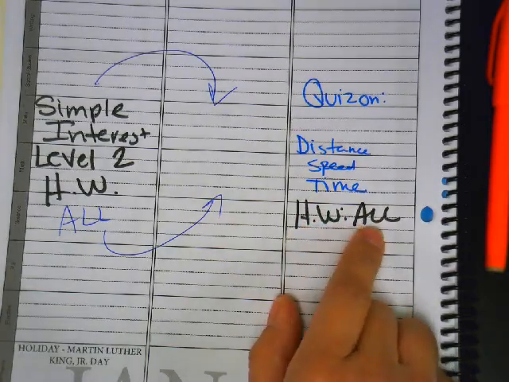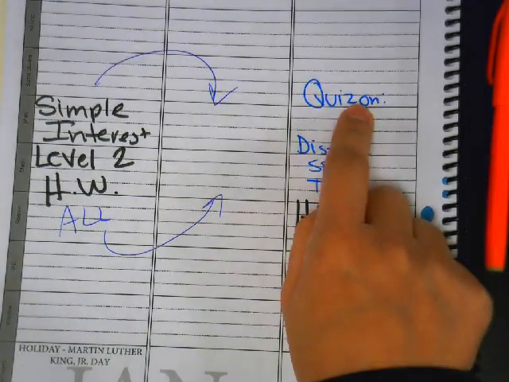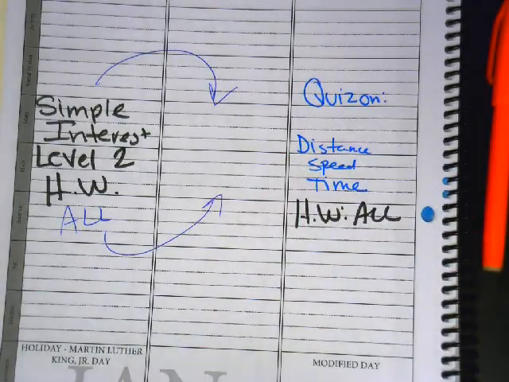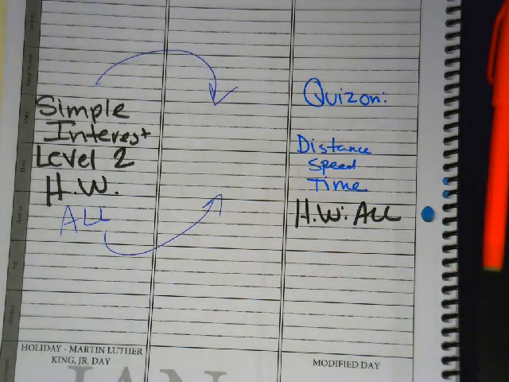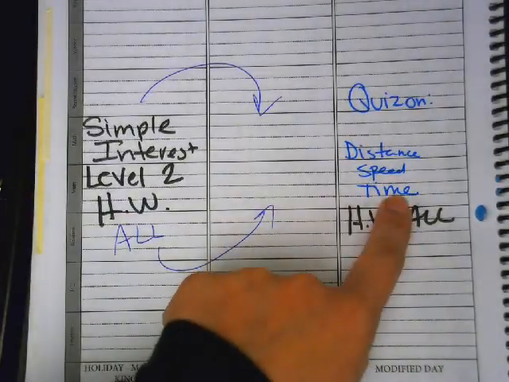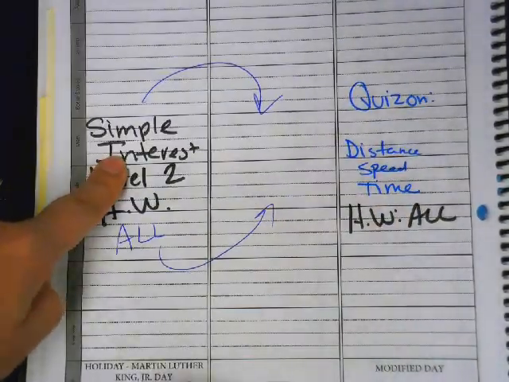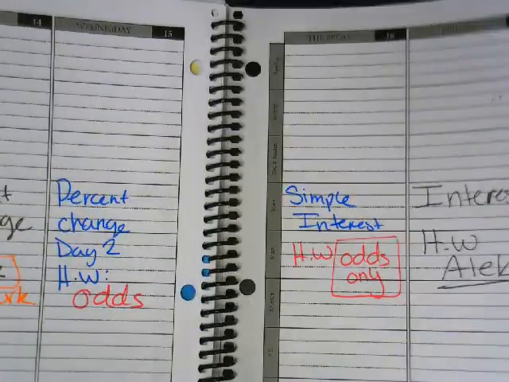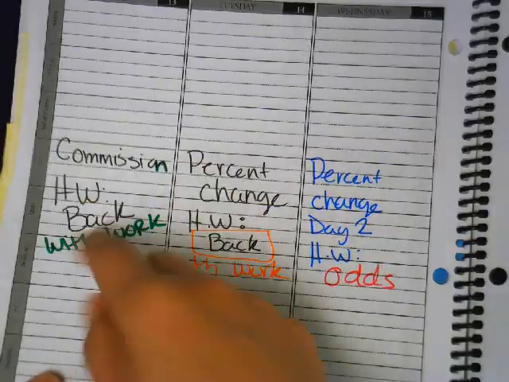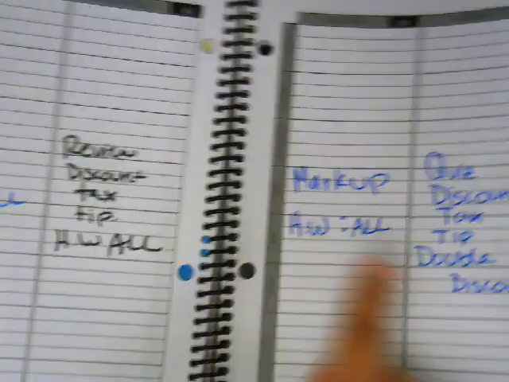Your homework is all. Now your quiz. Your class, I'm going to give a quiz on Monday. It's going to be a very short quiz. It's going to be on basically distance, speed, and time, interest level 2, interest level 1, percent change, commission, and markup.